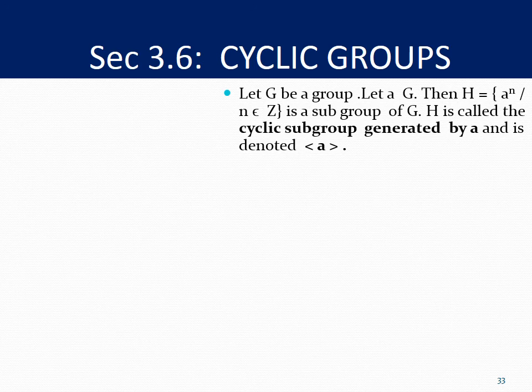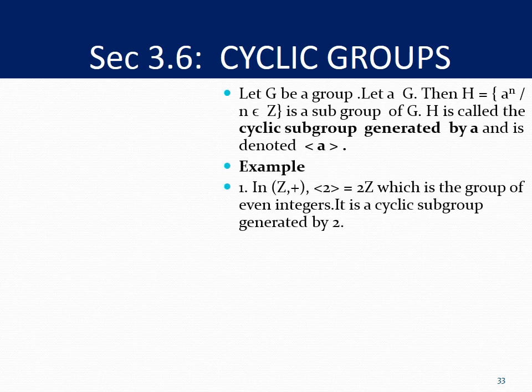That is known as a cyclic group. So here, the set H equal to the set of a to the power n, n belongs to Z, is a subgroup of G. Then H is what? The cyclic subgroup generated by the element a.